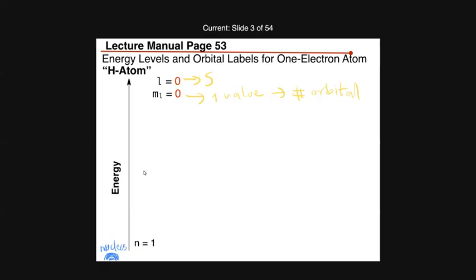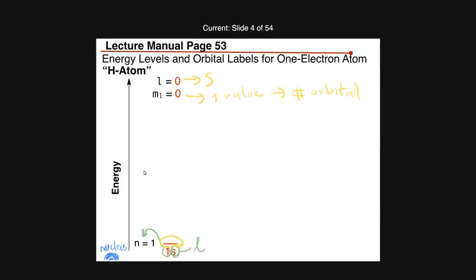If I write this as the orbital labeling, you get 1s, where the number 1 in front comes from the value of n, and the s comes from the value of L. The reason we have only one dash, or one space, here is that we have only one orbital, because we have only one value of m sub L. That's how we can interpret this.